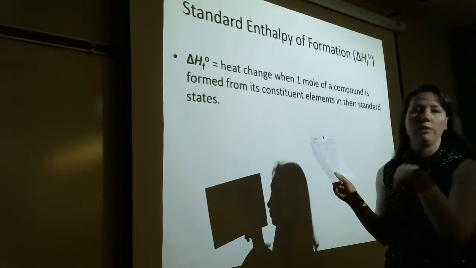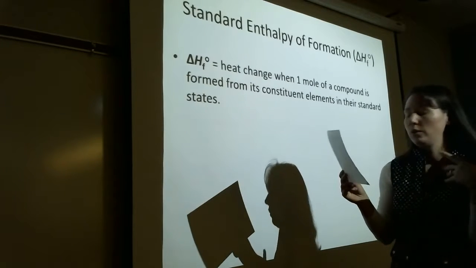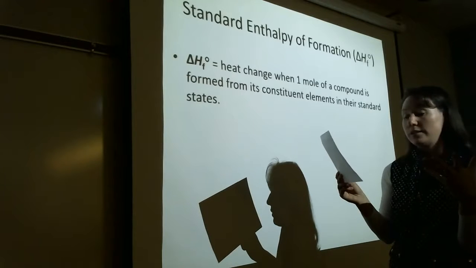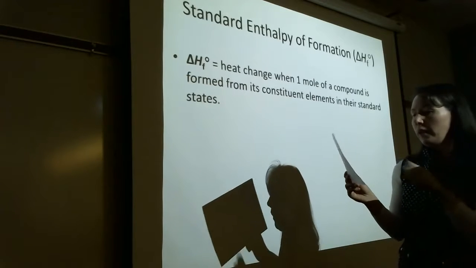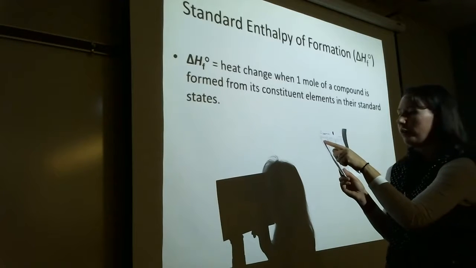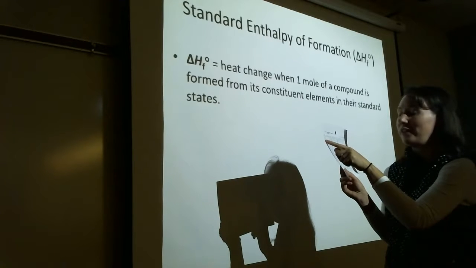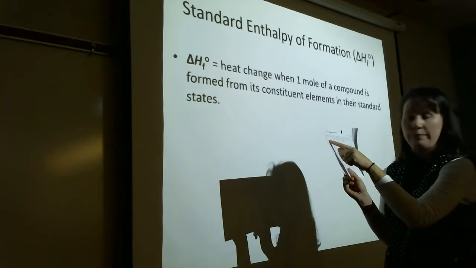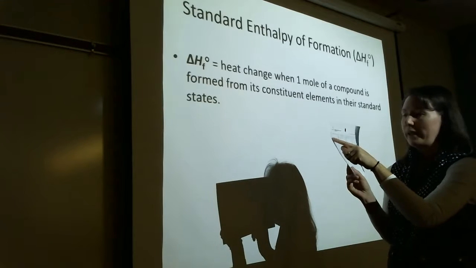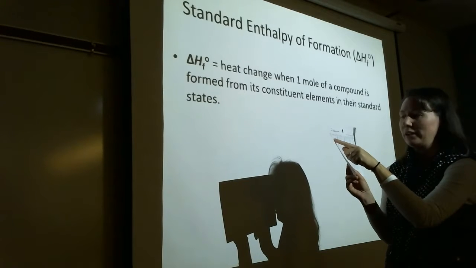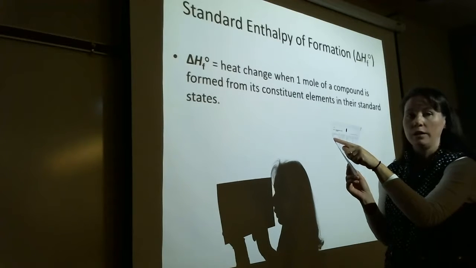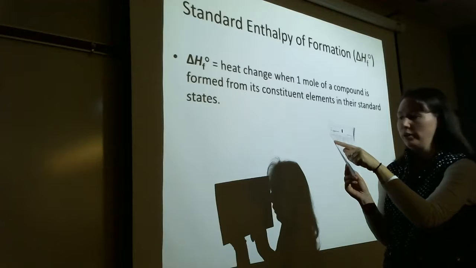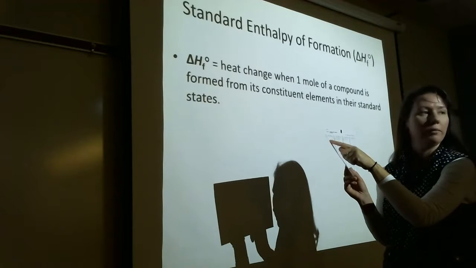So solid aluminum or oxygen gas or any element in its most stable form, okay, has a delta H of 0. Now notice that's not the same thing as Al3+, right? Forming Al3+ has a delta H of -531. Forming aluminum ion from aluminum metal, right? That's where you get that value from.